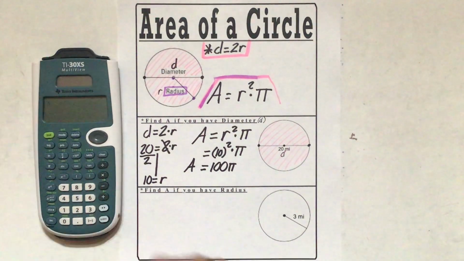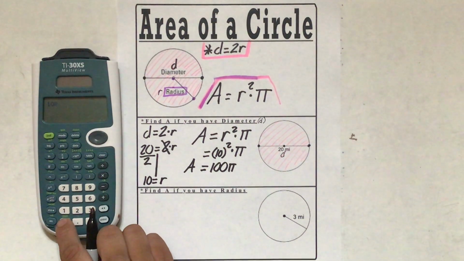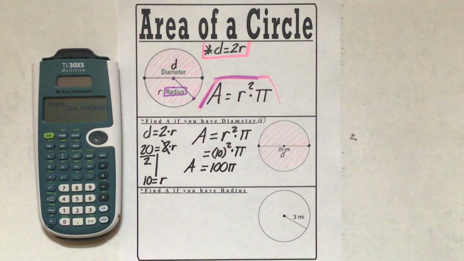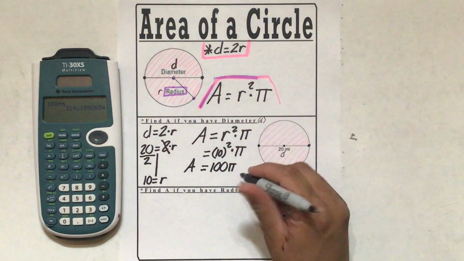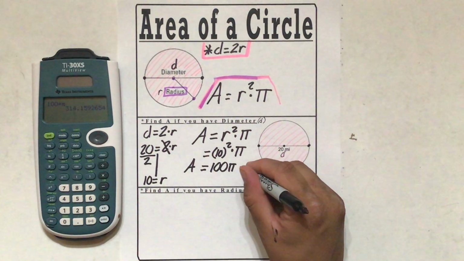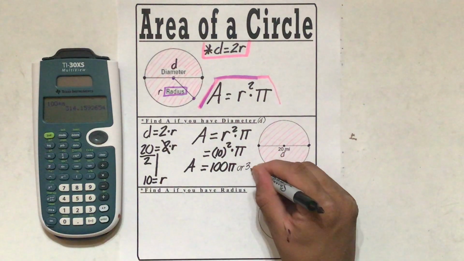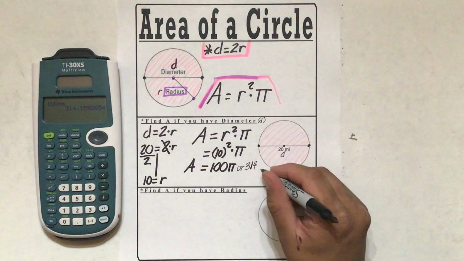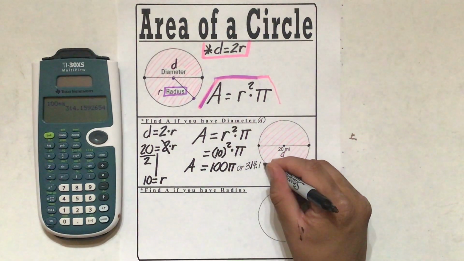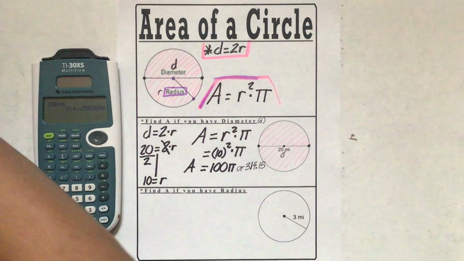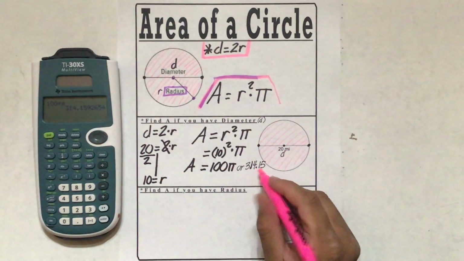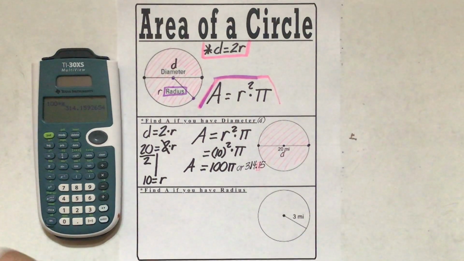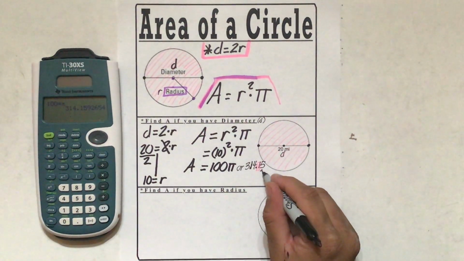But if I need it in decimal form to the nearest tenth, I say 100 times pi is equal to 314.15. Now, my tenths place is this one here, so the 5 is going to tell the 1 what to do.